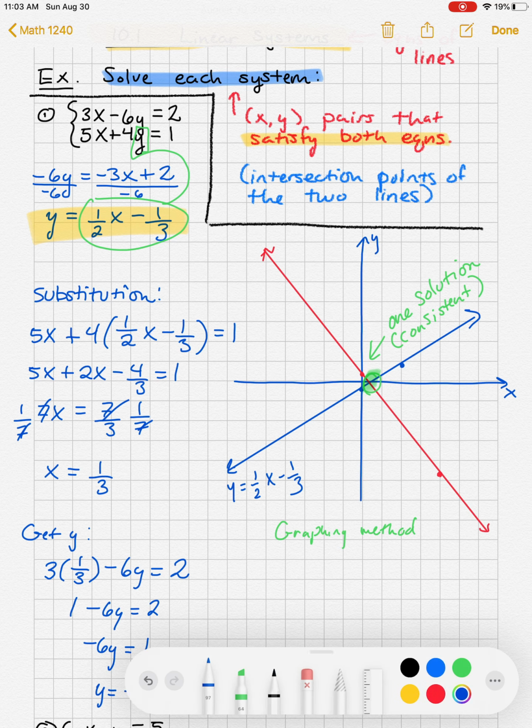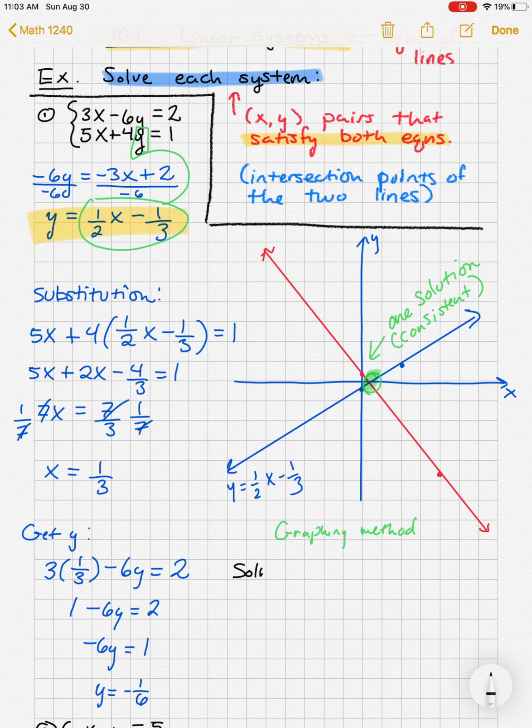Okay, so then my solution should be the pair 1/3, -1/6. Looking at the graph, it's a little hard to tell where exactly that point falls when you have those fractions in there. But it looks like that matches up.